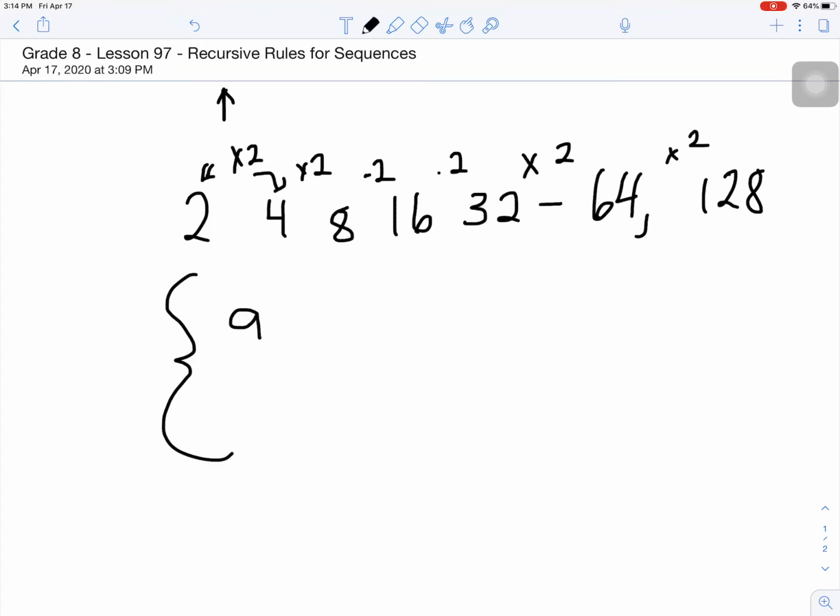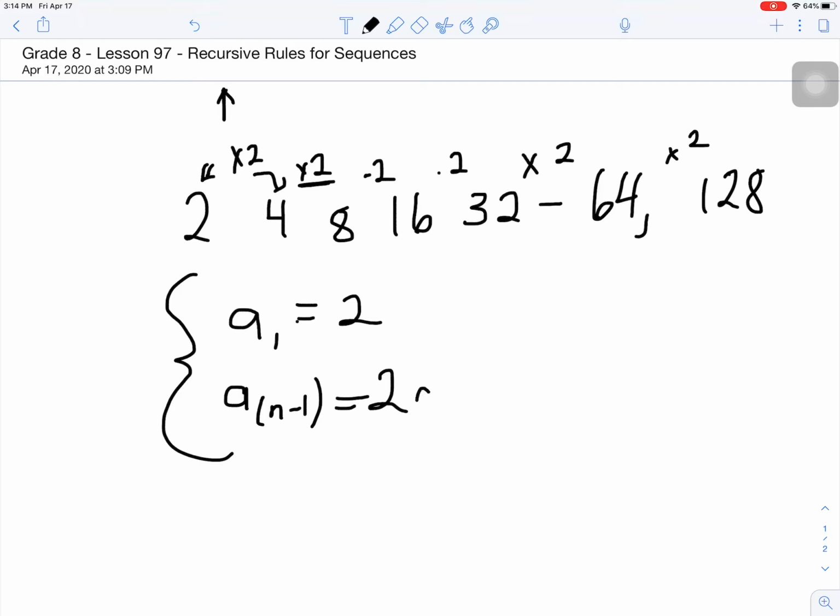So in order to write a recursive formula, it's fairly straightforward. You're going to write what is the first term. So A1 equals 2. Now, to find the formula after that, you're going to go A, the number in the sequence, n minus 1. So that's the previous one, right? And then you're going to write, what do you do to it?